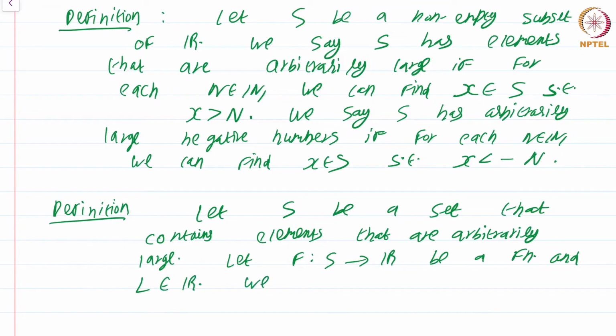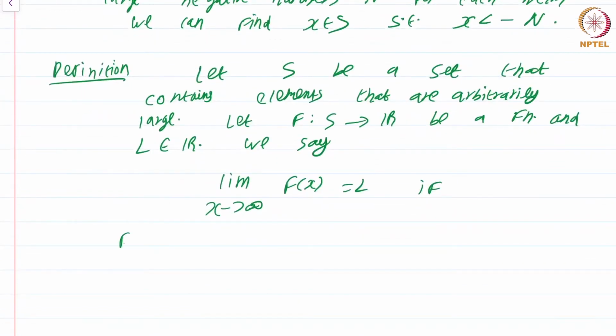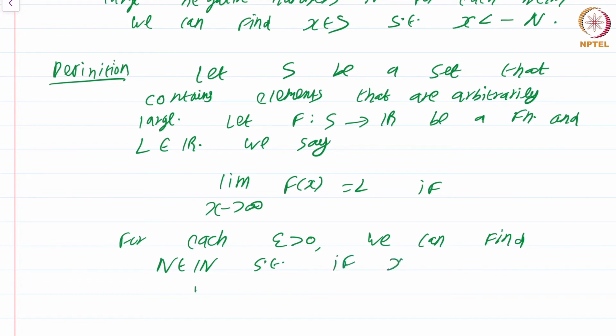We say limit x going to infinity of f of x equals L if for each epsilon greater than 0 we can find capital N in N such that if x is greater than N and x is in S, mod f of x minus L is less than epsilon.